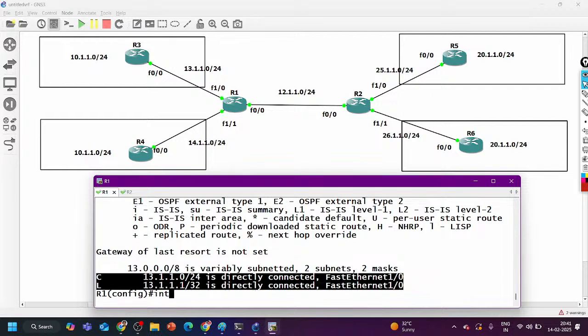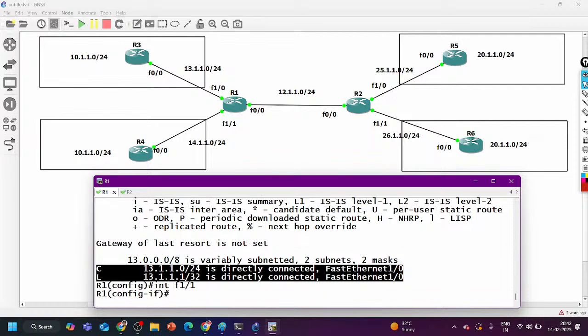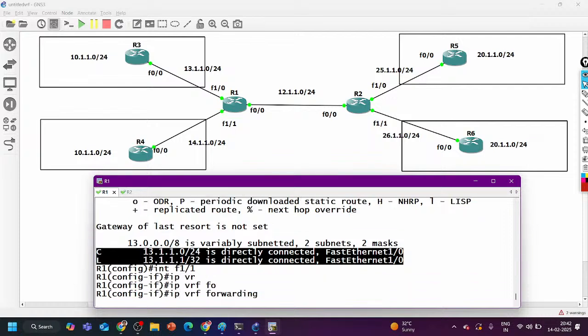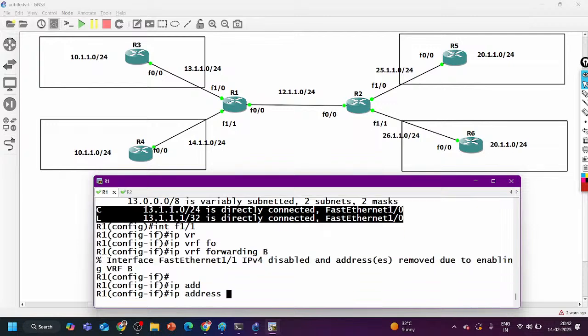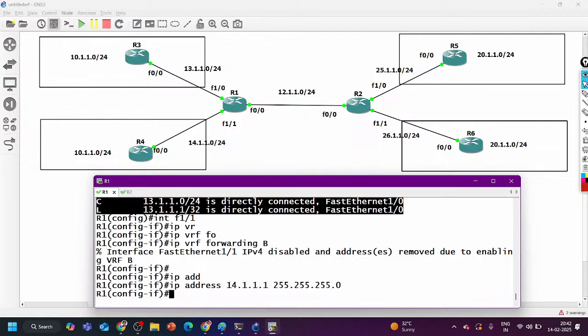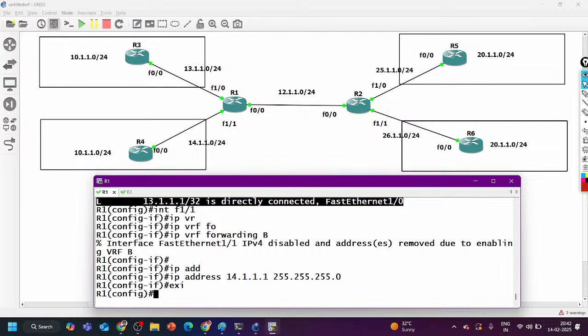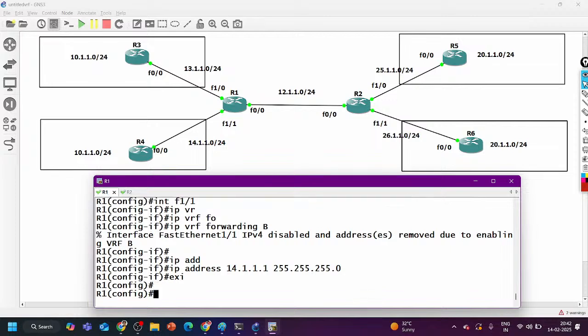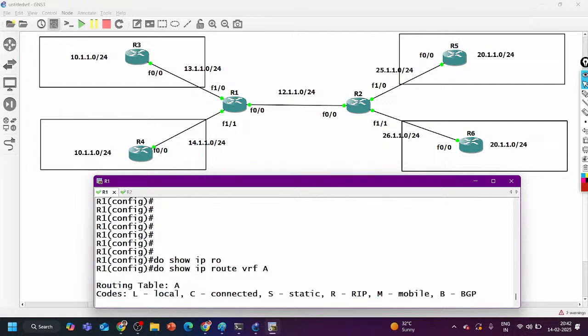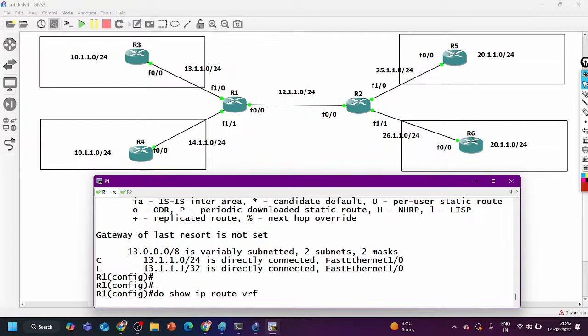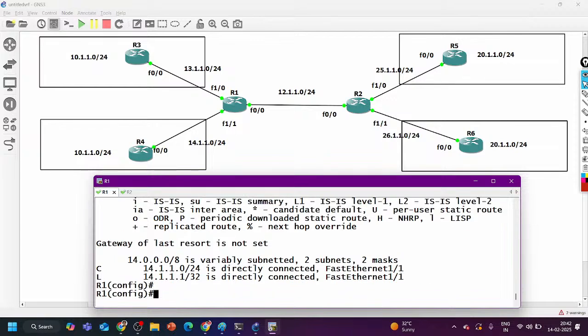Once I put F1/1 in VRF B, interface, ip vrf forwarding B. Again the IP is removed, so ip address 14.1.1.1 255.255.255.0. That's why before configuring the IP you should assign the interface to the VRF. Okay, now show ip route vrf B.